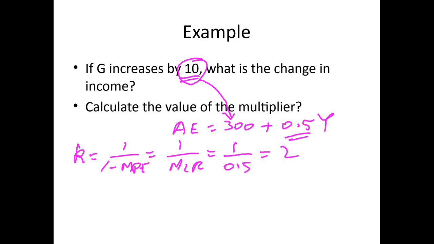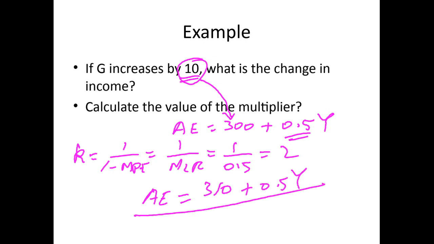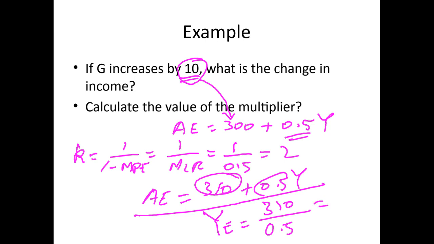So the new aggregate expenditure would be 310 plus 0.5Y. And I told you, if aggregate expenditure is this, how you can calculate equilibrium income. It's very easy. Write this number in the numerator, 310 this time, divided by 1 minus this number, which in this case is 0.5. So 310 divided by 0.5 is equal to 620.